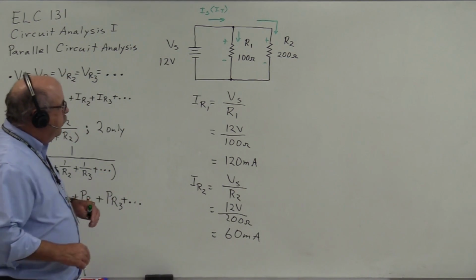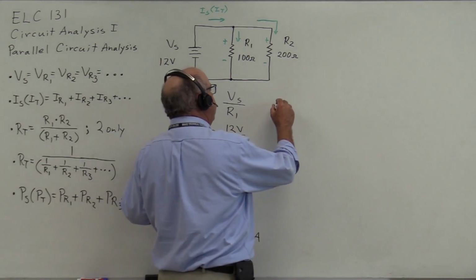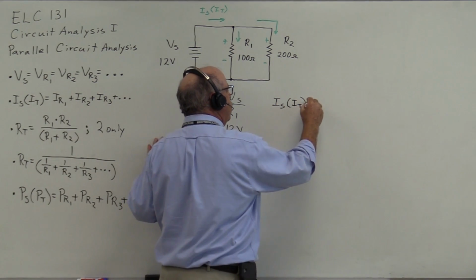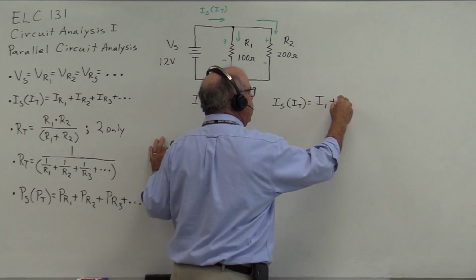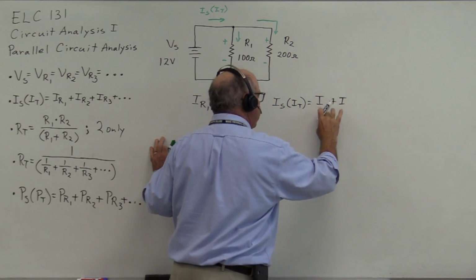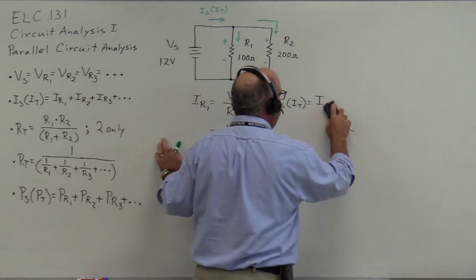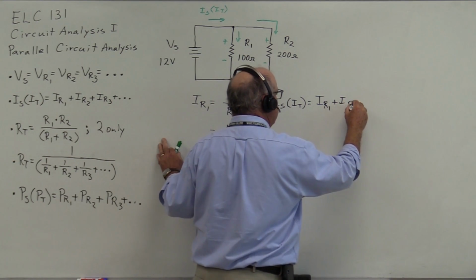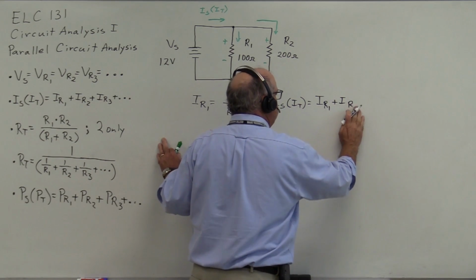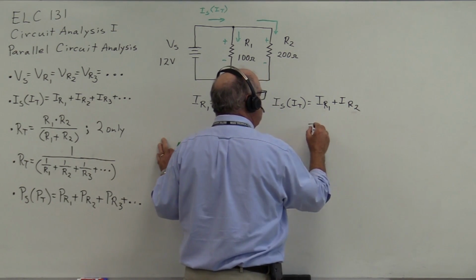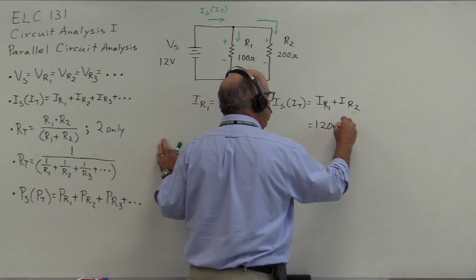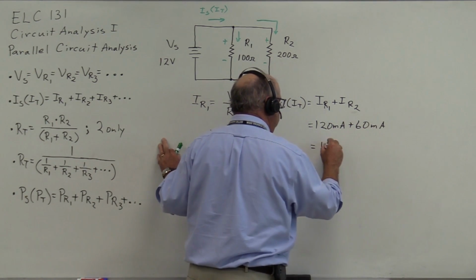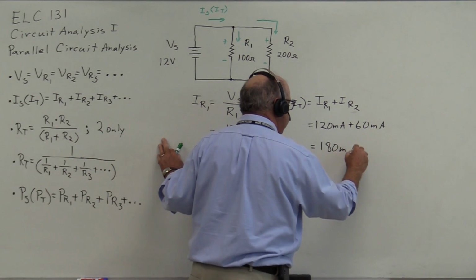Now that we've found the two branch currents, we can find the source current, or the total current, which equals the sum of the two branch currents. So that equals 120 milliamps plus 60 milliamps equals 180 milliamps.